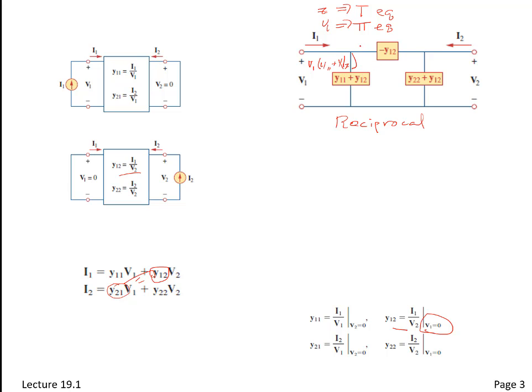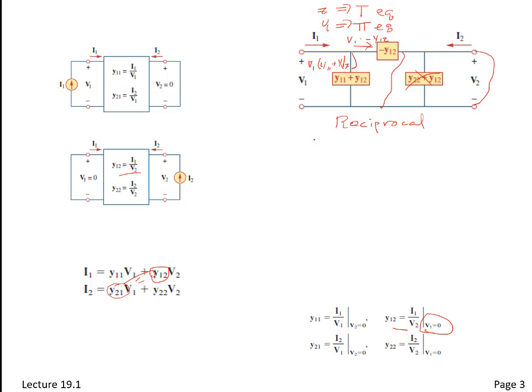So this would be Y11 plus Y12, right? And the current here, if I've short-circuited this, right? When I short-circuit that, this is a non-player. It's the same as putting the short right through here. So this current is what? Now it's V1 times minus Y12.